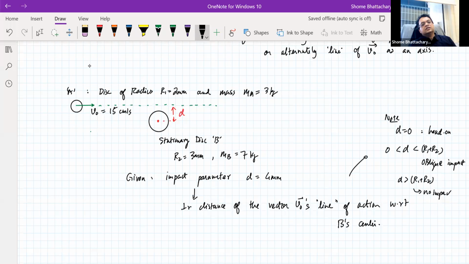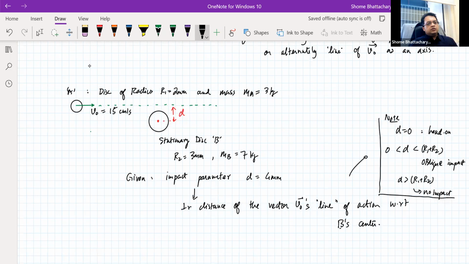It completely misses. And in the unlikely event that D is exactly equal to R1 plus R2, what happens is that it just about grazes. You can say it touches tangentially and moves off. So there may or may not be any impact that actually occurs in that case also. So that becomes a bit ambiguous. Okay, so this is the general idea about impact parameter.